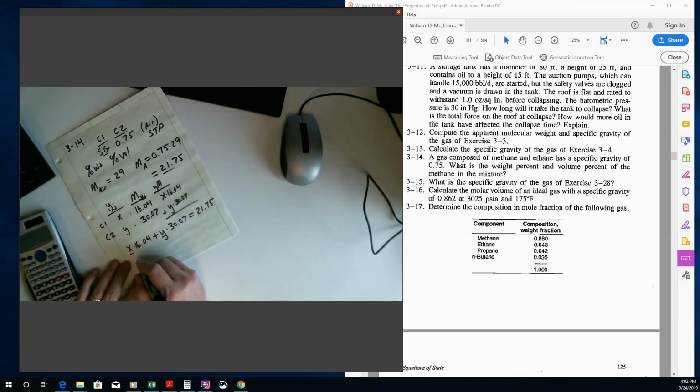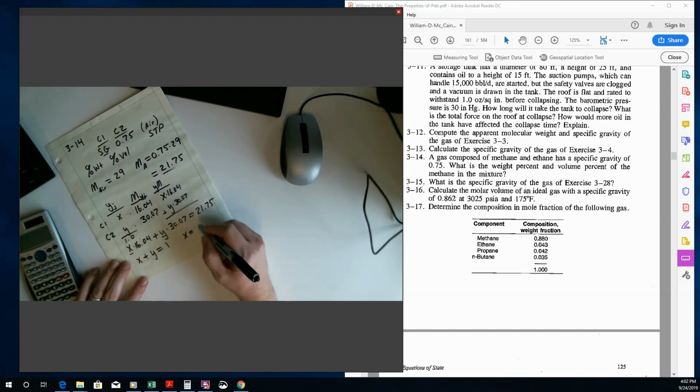So we need one more equation. The other equation is x plus y has got to equal 1. Your compositions have to add up to 1. So that's your other equation. We could solve for x, x equals 1 minus y.